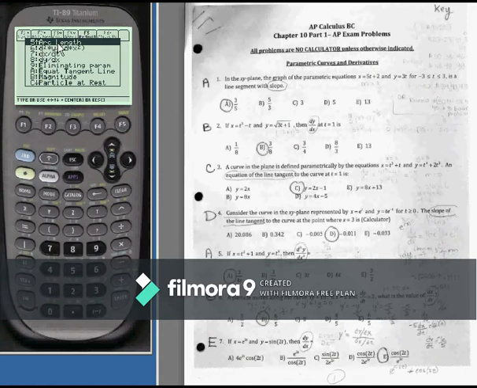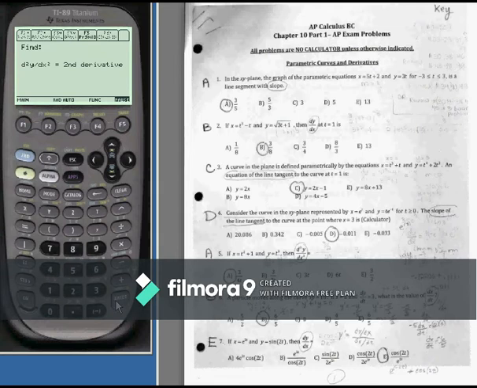But we also have exactly what they have. Press enter. dy over dx again. We divide it out, 3 times t over 2.